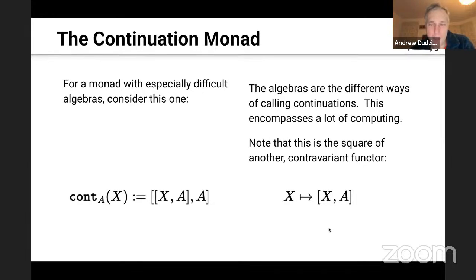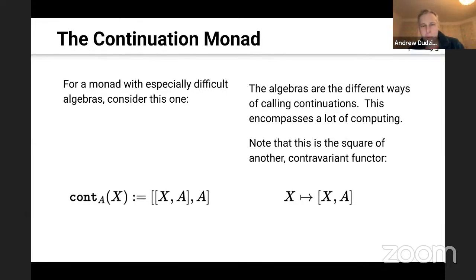So I get a map sort of in the wrong way, right? If I have a map x to x prime, I get a map from x prime a into xa, by precomposition.